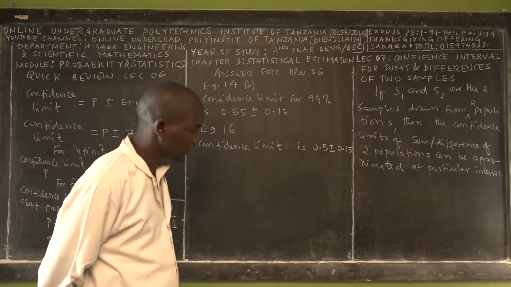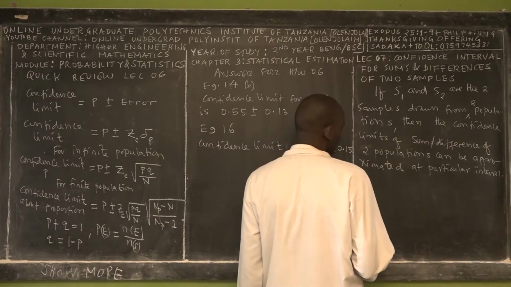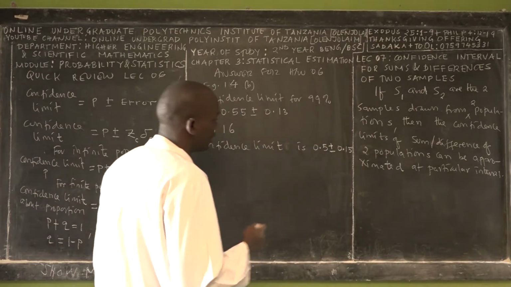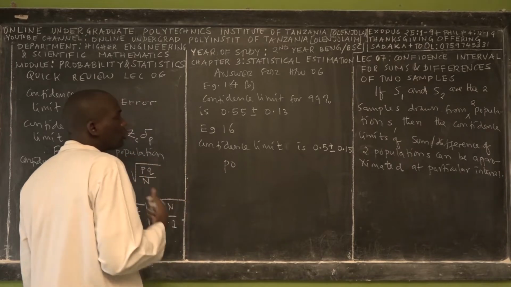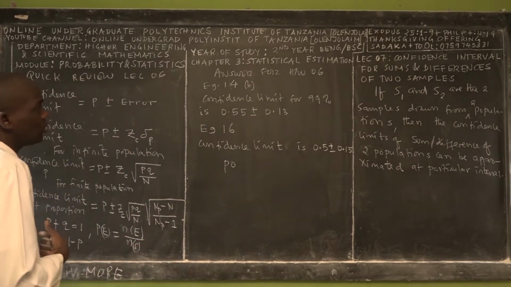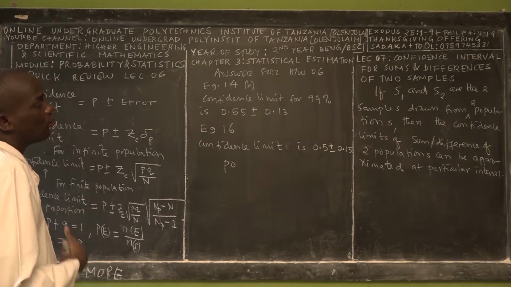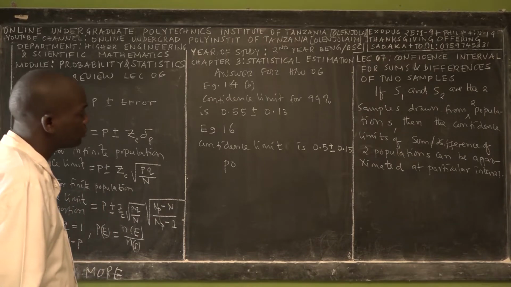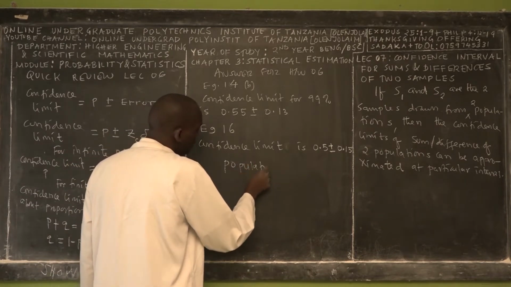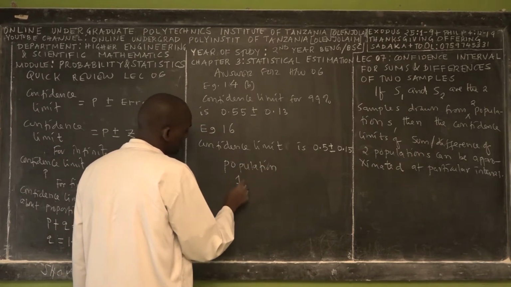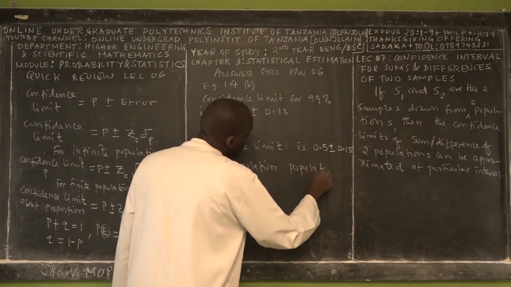So the concept here is we have two populations. Listen carefully. Before we talk about confidence interval, when we talk about sums and differences of the two samples, we say suppose we have population 1, and also suppose we have population 2.